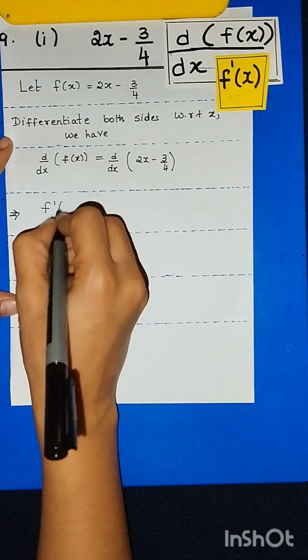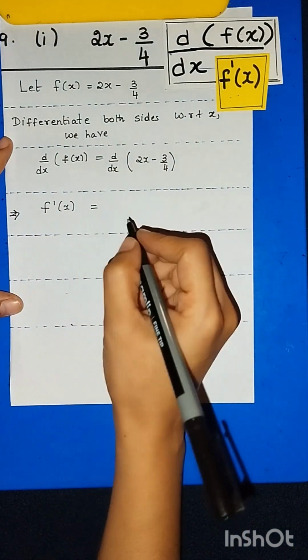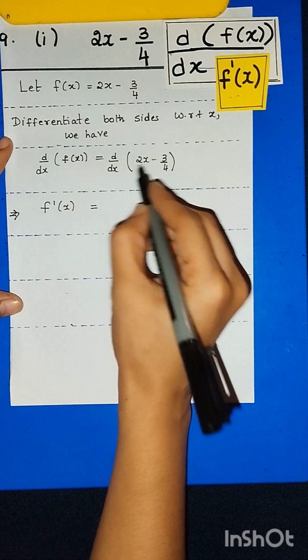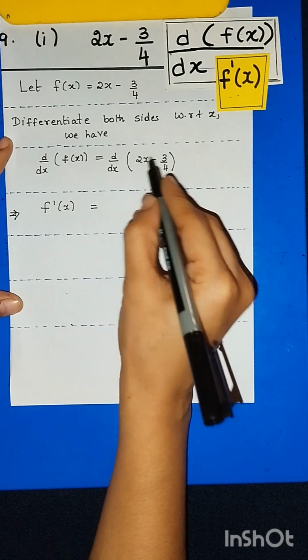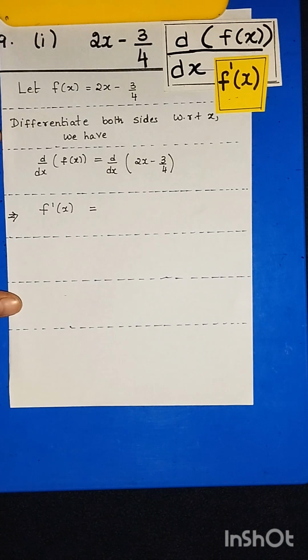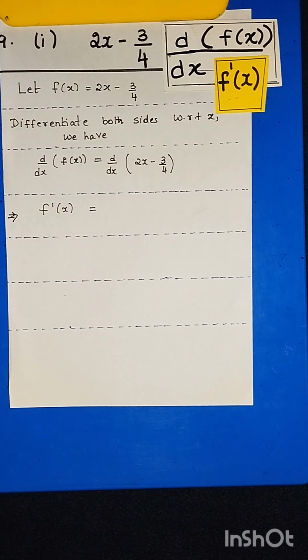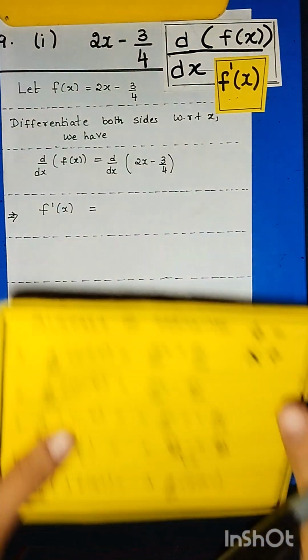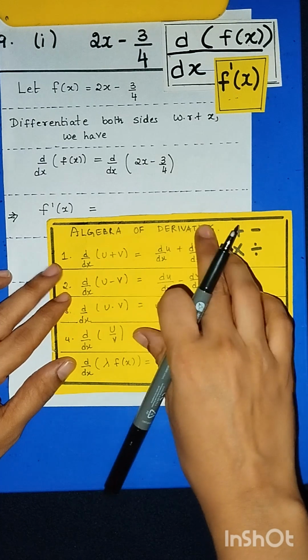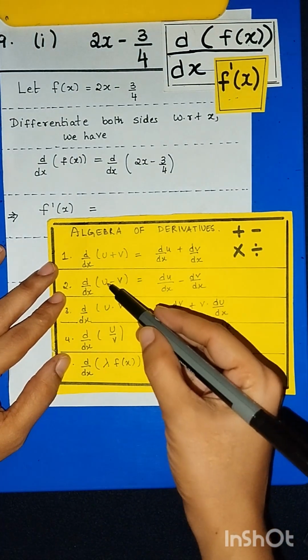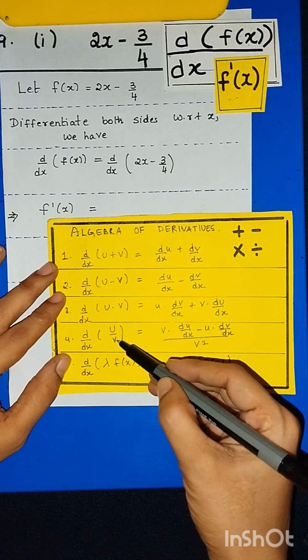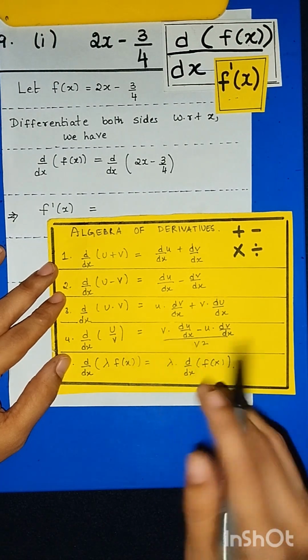So we will write f dash of x is equal to d by dx of function minus function, difference of two functions. So from the algebra of derivatives, we have studied how to differentiate sum, difference, product, quotient and scalar times function.